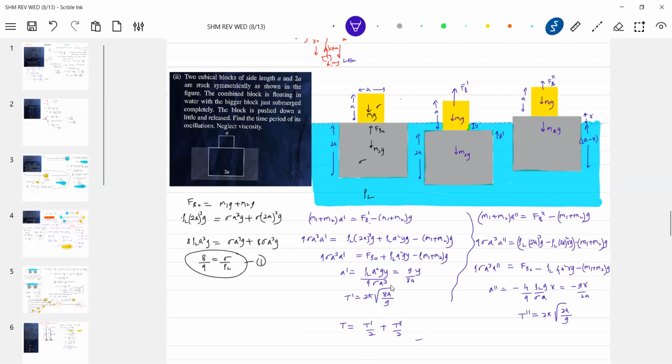So final answer will be total anything. Can we simplify this one? 3 pi under root 2A by G. This will be your answer. I think it can be asked in advance, nothing big.